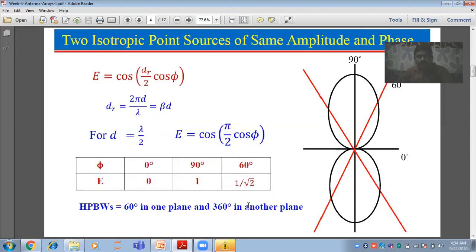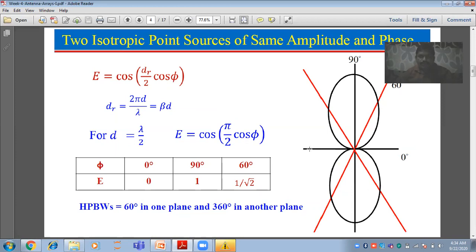Now we will study the different cases, based on how we supply the currents. Let us say these two are isotropic radiators. Here is antenna 1, here antenna 2, and both are falling on the same straight line.